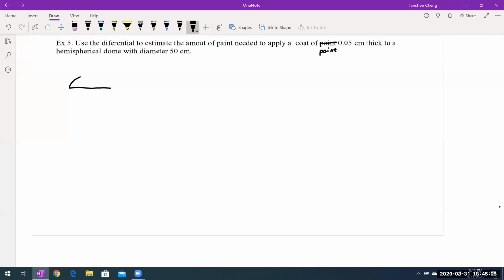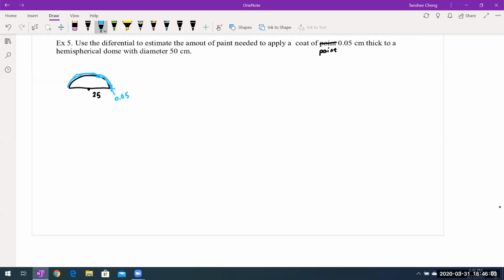Here's a picture of what we are looking at. Here's a hemisphere, and we know that this diameter is 50, so the radius is 25. And we are trying to apply a coat of paint on top of this hemisphere. So that is the thickness of this paint right here, the given part, the thickness must be 0.05 centimeter.